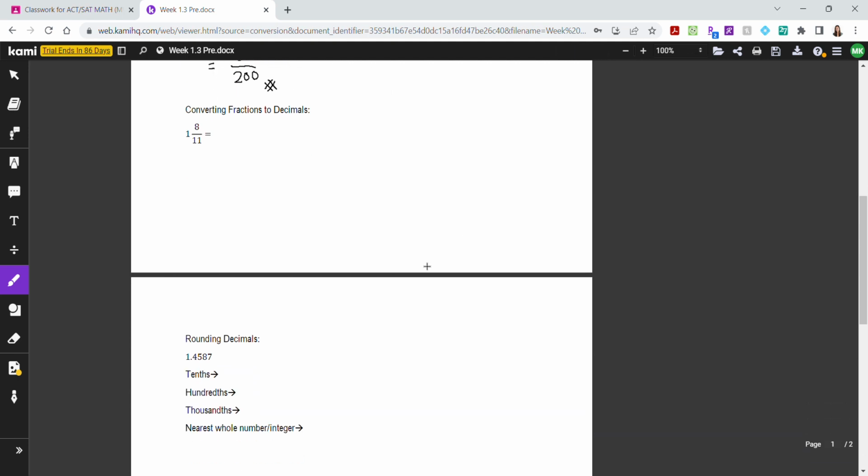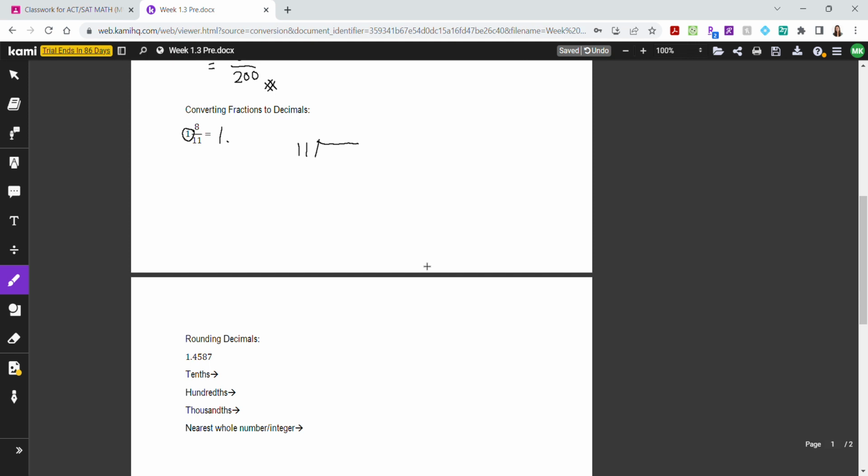So to convert fractions to decimals, we would first look at this. Easiest way is, obviously, if you look at this big number here, we know it's going to be easily 1 point something, right? So then the only thing that we would need to do is 8 divided by 11. So we'll set up again like this. We'll put 11 here. Oh, that's supposed to be 11. Let me rewrite that.